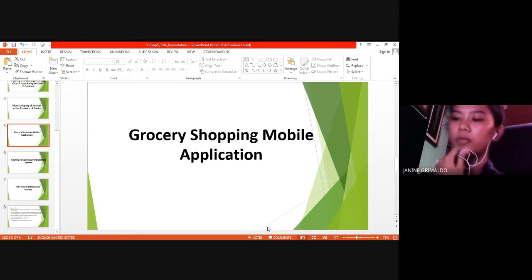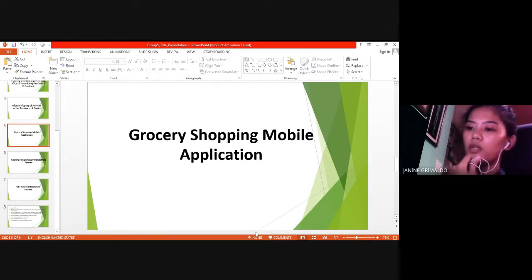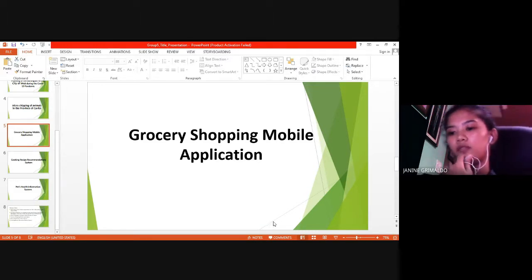Based on my observations, some of us live alone and have no one else to rely on to buy their necessities, especially food. Using this grocery shopping app, they will no longer have to leave the house, and it will be ensured that it will be delivered to them quickly and safely.